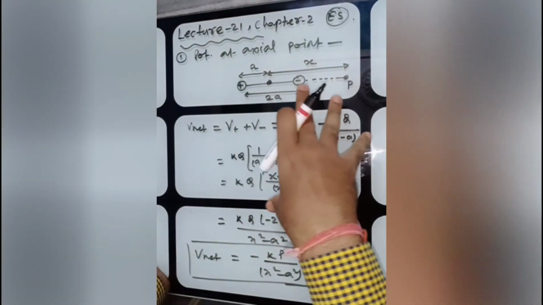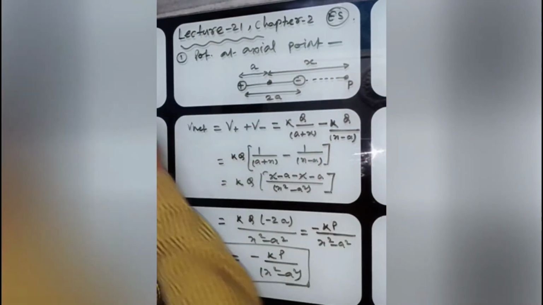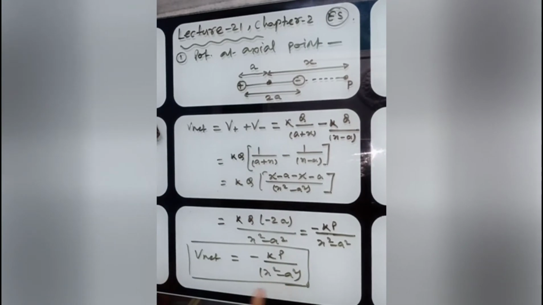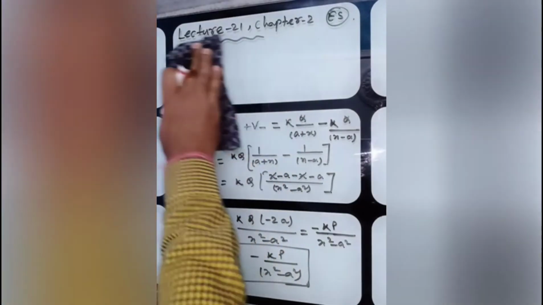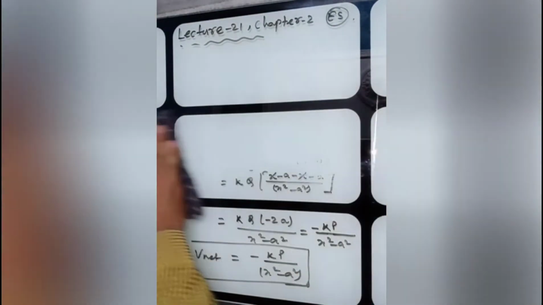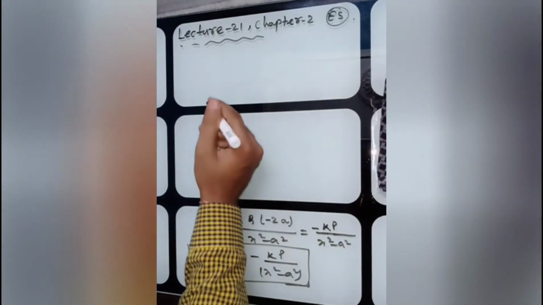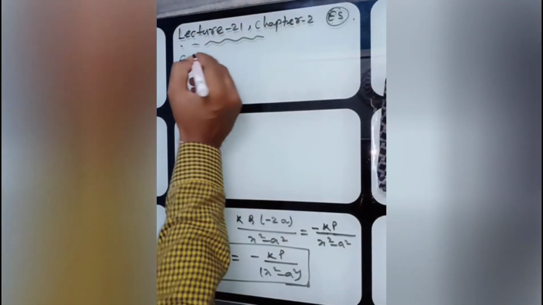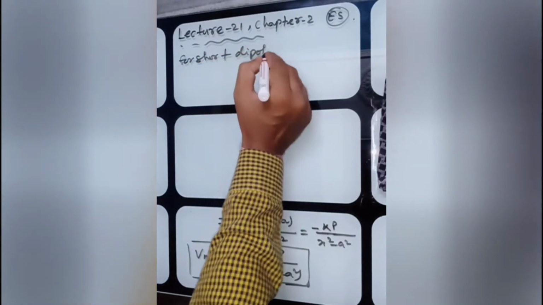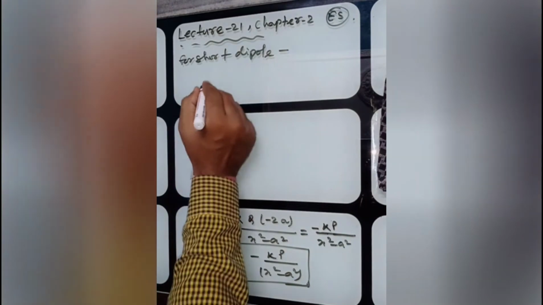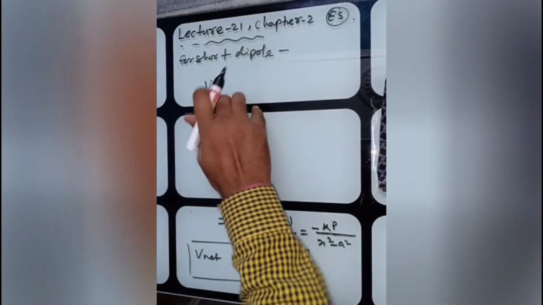Now for the equatorial point. Students, you can write this equation also for the short dipole, you can simplify. This is not very tough, but you should remember that for a short dipole, you can write this equation for V at the axial point.